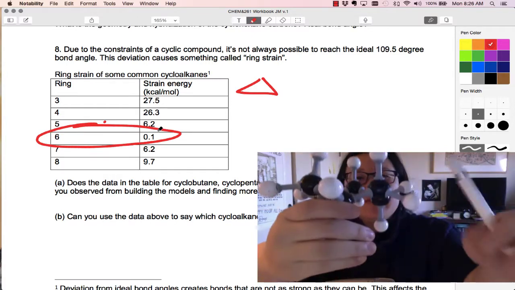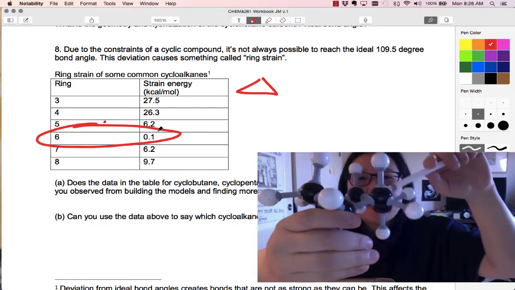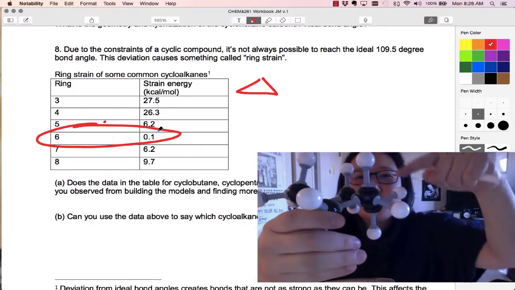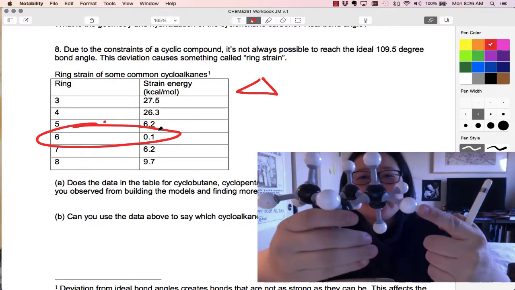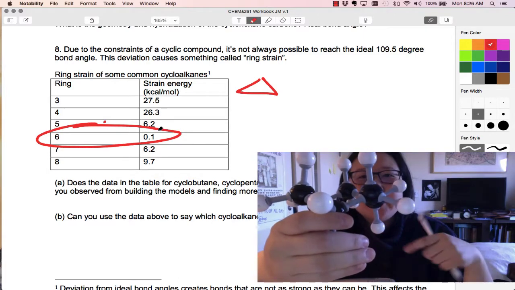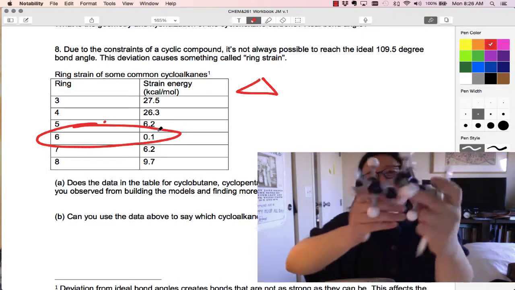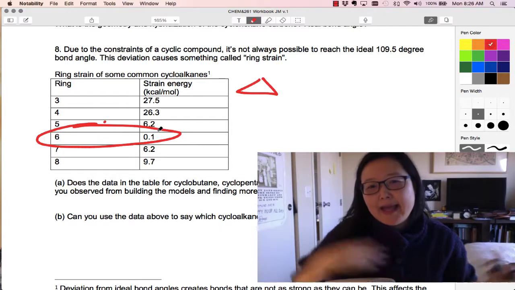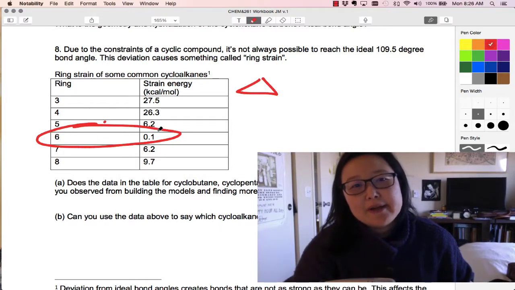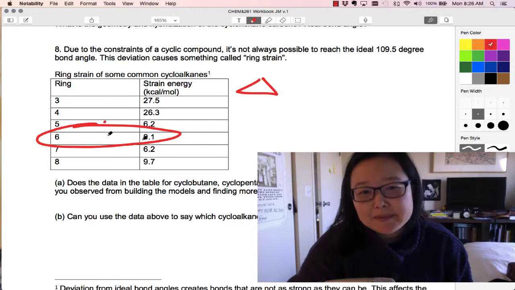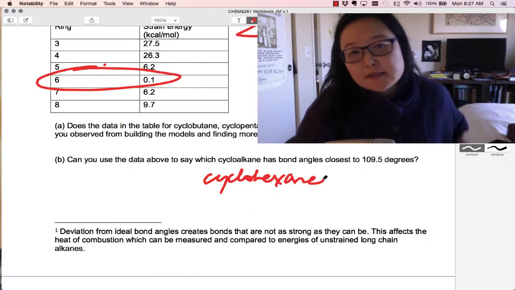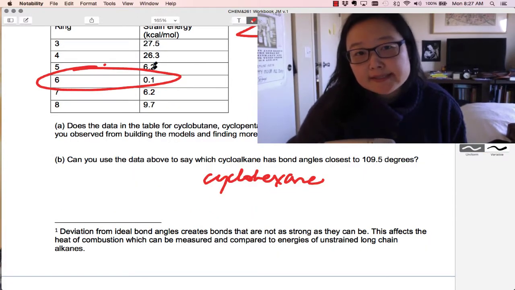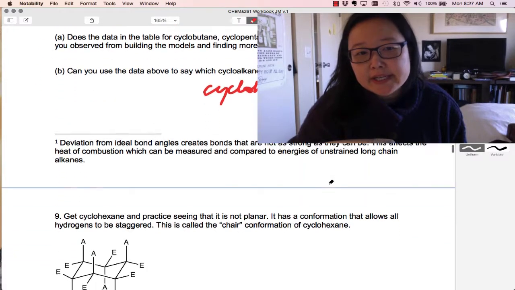Here's a view of that. If you look down this carbon at this carbon, you see this is up, this is gauche, this is down, this is anti. You can have that all the way around the ring. So there is a very stable conformation for 6 carbons in a ring. Cyclohexane has the least deviation based on its strain energy.